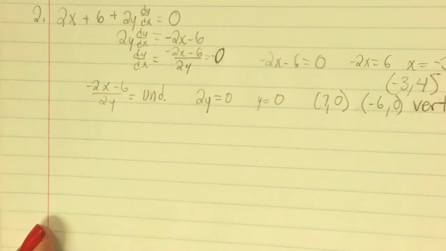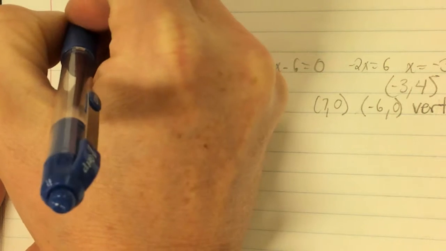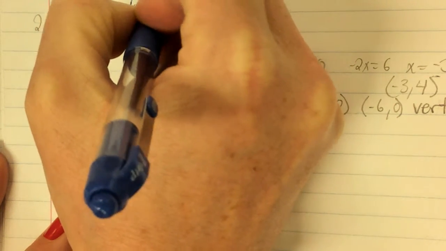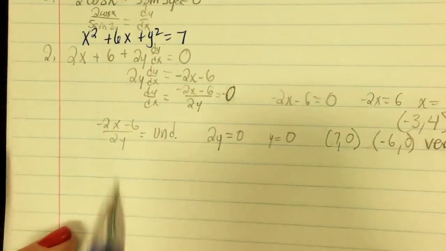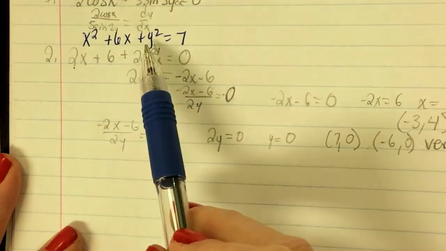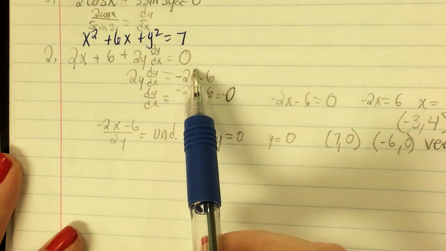All right, great. The second problem, we were trying to figure out where we would have horizontal and vertical tangents. Okay, so looking at Casey's here, I'm just going to jot down the original problem. It was x squared plus 6x plus y squared equals 7. So the derivative of x squared is 2x, derivative of 6x is 6, this derivative is 2y dy dx, and this derivative is 0.